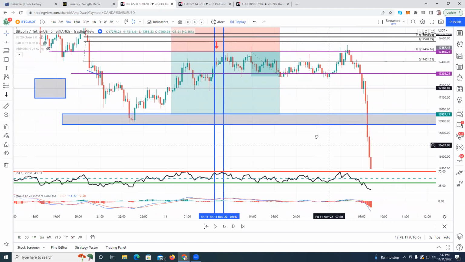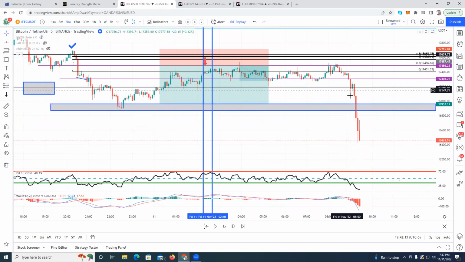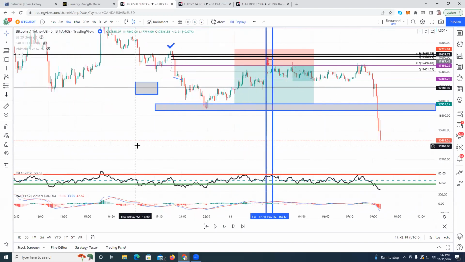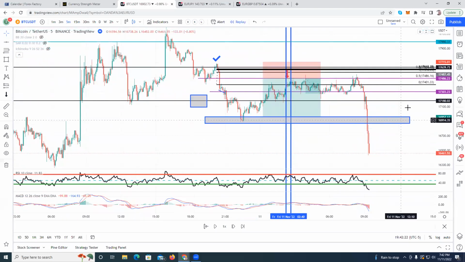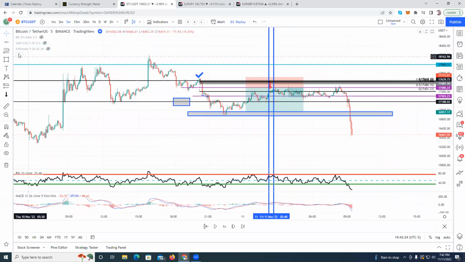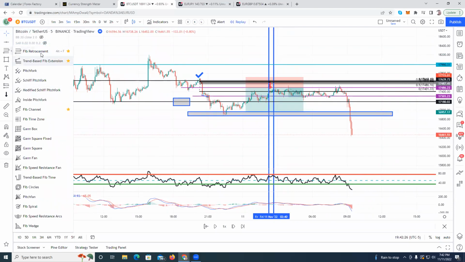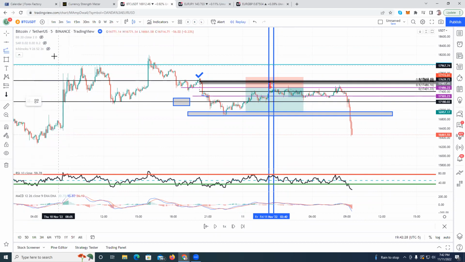Now, I wasn't sure if price was going to go on and create a new low. But for those of you guys that were on the session the other day, how do I determine where price potentially could go? I use the trend fib extension, and I go from the last move to the last down move.